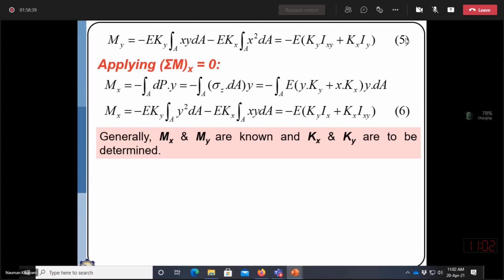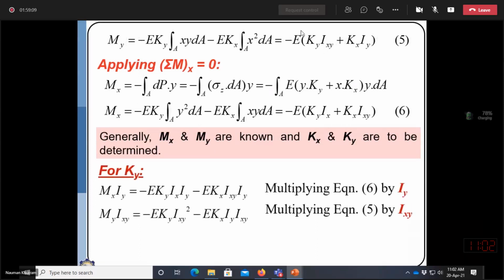So equation number 5 and equation number 6 are actually moment equations in terms of curvature. But we are interested in determining the curvature about x-axis and y-axis due to moments. So we need to convert these equations in terms of curvatures in the form of moment. So we will resolve these two equations simultaneously.